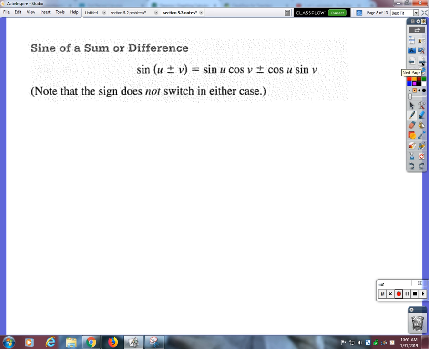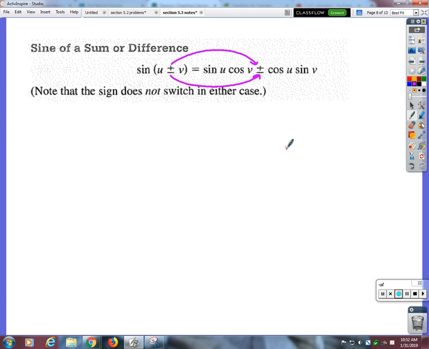Okay, the sine one is the same thing, but it's the sine of the first times the cosine of the second, plus the cosine of the first times the sine of the second. And so the plus and the plus line up and the minus and the minus line up. So the addition is addition in this case, and the subtraction is subtraction. Okay?